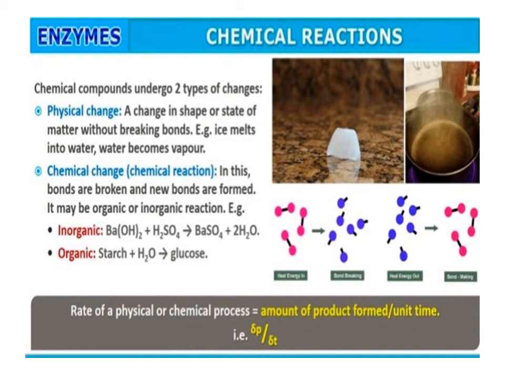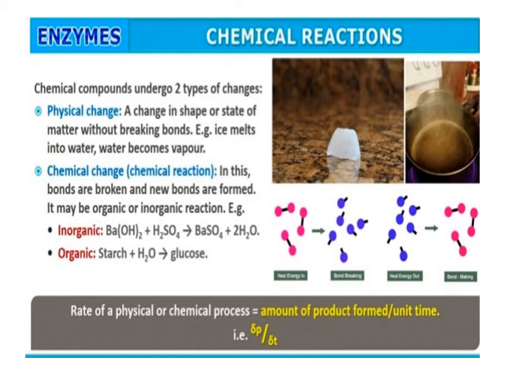Chemical reaction. Chemical compounds undergo two types of changes. Physical: a change in shape without breaking of bond, for example, ice melts into water or water becomes a vapor.